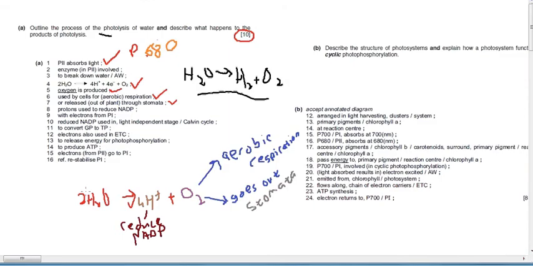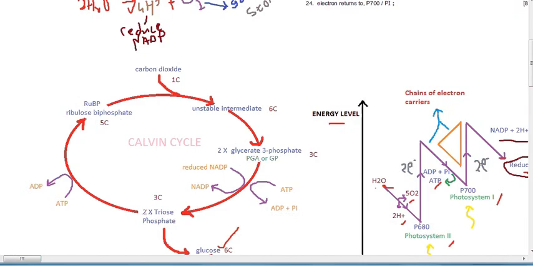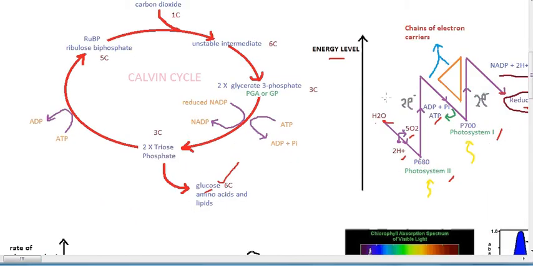Now that's the fate of the hydrogen ions or protons. Reduced NADP is used in the light independent stage, the Calvin cycle. You can see here that this reduced NADP will come and be used here.